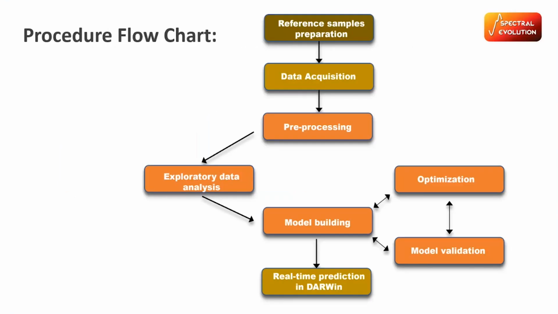The first thing we do is collect reference samples and prep those reference samples. And then we move on to the data acquisition, which would be scanning the samples, so the soils with different amounts of nitrogen. Then we'll do some pre-processing on the data and exploratory data analysis.